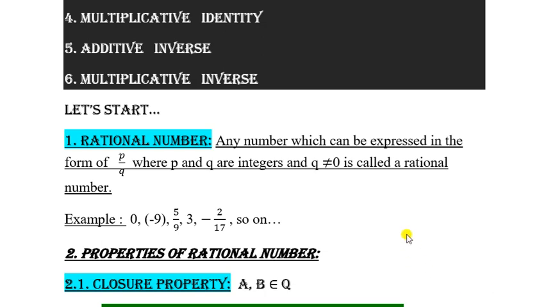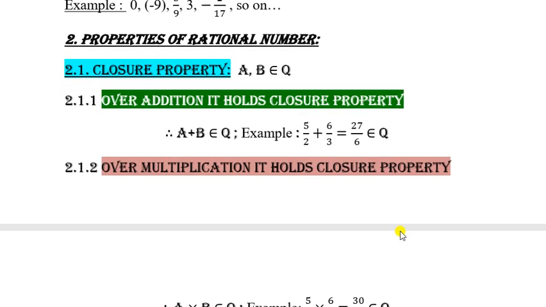Now I am going to discuss the properties of rational numbers. The first property is the closure property. When you take any two numbers, you can choose three numbers also, no problem, and add them, if again a rational number comes, then we can tell this is a closure property.